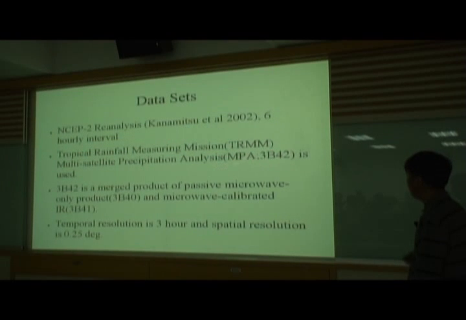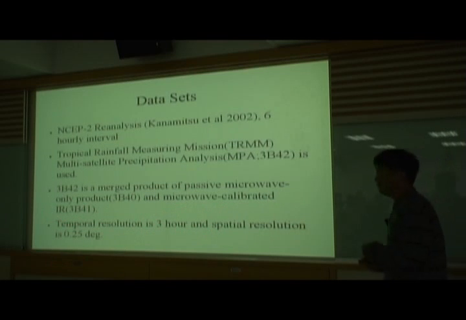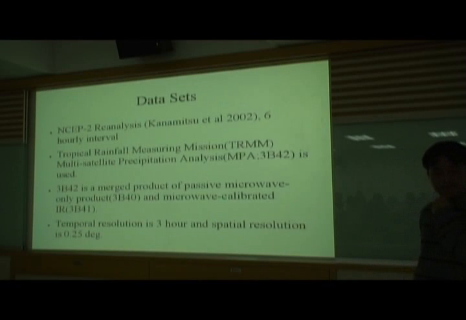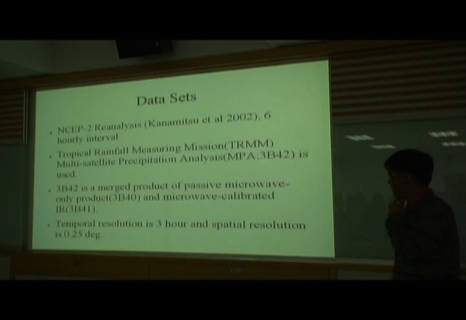I will refer to this product as 3B42. 3B42 is a merged product of passive microwave product and microwave-calibrated IR. The temporal resolution is 3 hours. This data has no input from the PR, just TMI. Yeah, just the TMI.